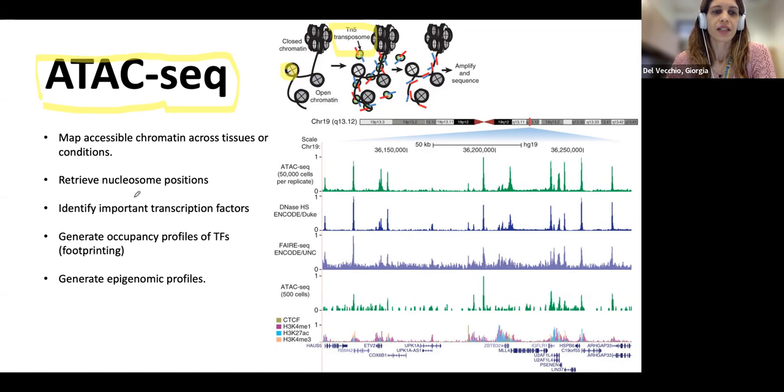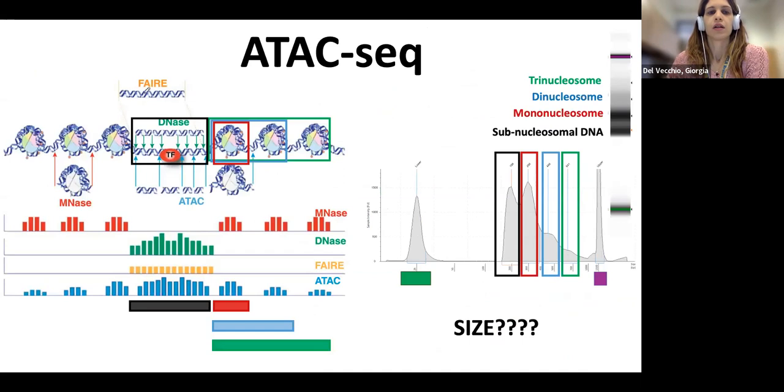ATAC-seq is also important to identify transcription factors, generate occupancy profiles of these transcription factors, or generate epigenomic profiles. Okay, so this is still ATAC-seq. As you can see, the transposase can cut the accessible chromatin.